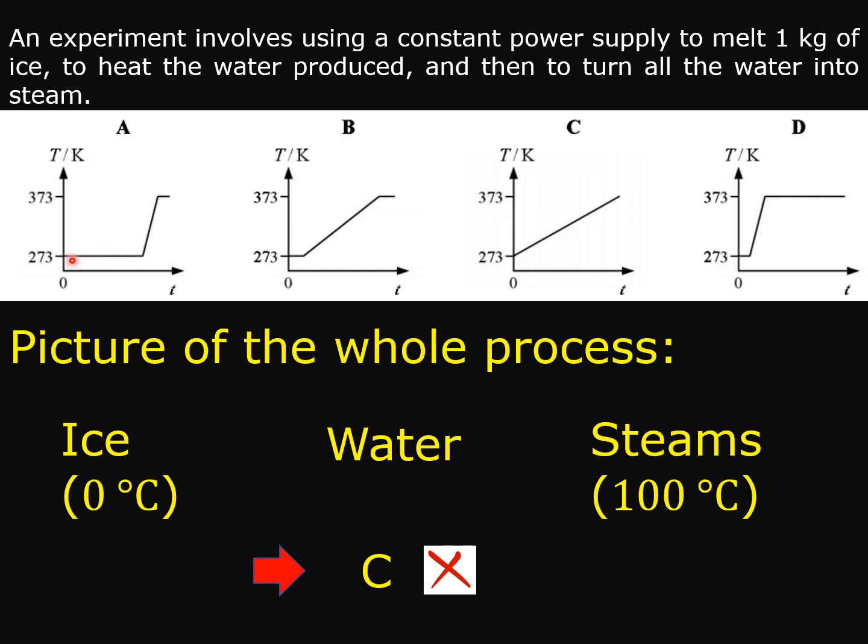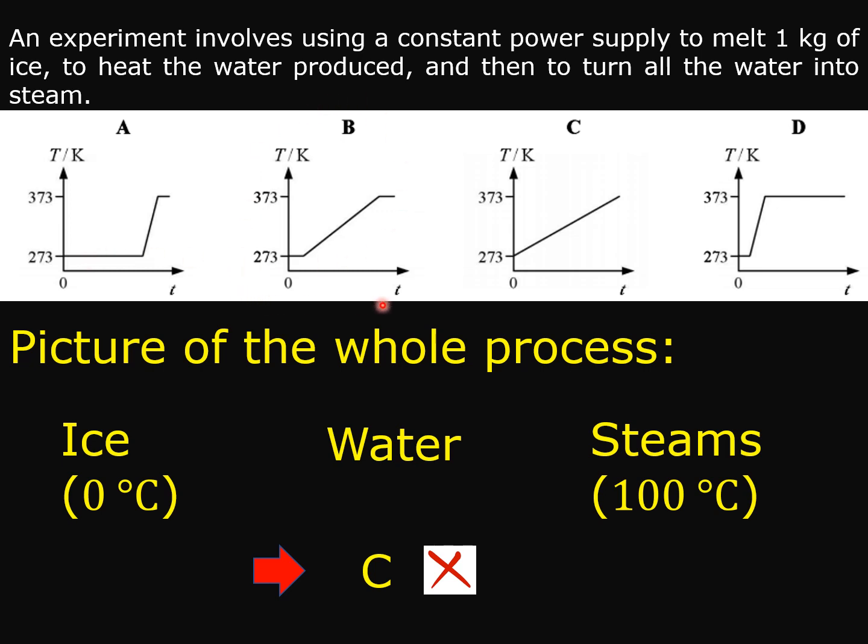Firstly, this horizontal line refers to the ice, and after that the water's temperature increases from 273 Kelvin to 373 Kelvin, equivalent to 0 degrees C to 100 degrees C, and then after that it becomes steam. So that means graph A shows the 3 stages of this process undergone by the system.